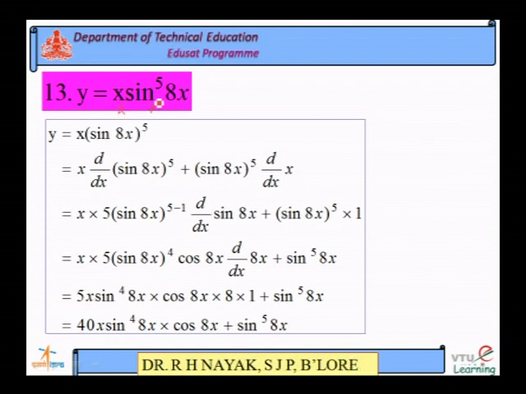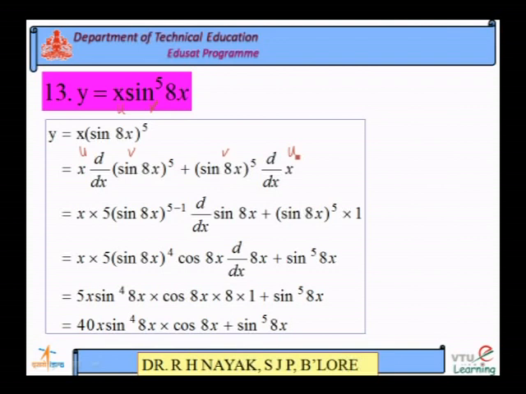See, u is x, v is sine to the power of 5 of 8x. Use the product rule, u into d by dx of v plus v into d by dx of u. So, keep u as it is, differentiation of sine 8x to the power of 5, plus keep sine 8x to the power of 5 as it is and differentiate x.